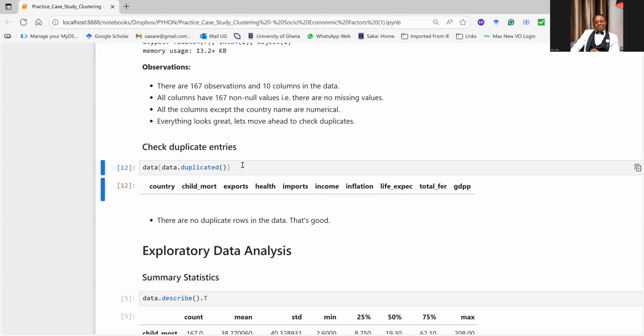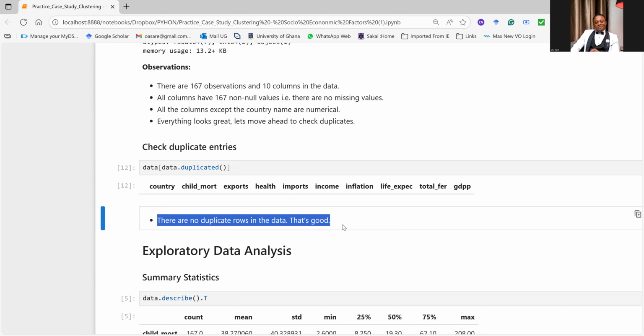Remember, we have documented this. This wasn't written by the architect. This is what Python is giving you. And these are my notes, which should be your notes when you are running a similar one. This shows that there are no duplicates on the rows. So we are good.